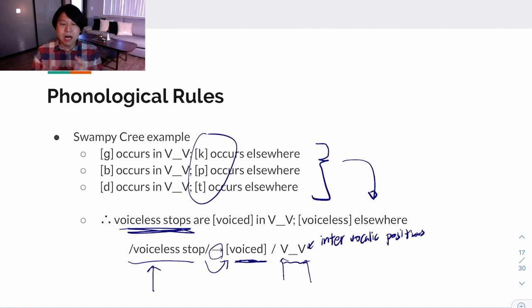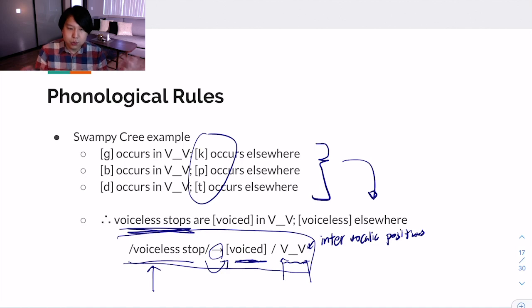So that's the power of a natural class. By using a natural class, you can describe many different rules that are similar together at once. So there are three phonemes in Swampy Cree that have 6 allophones, and they are determined by this rule called the Swampy Cree intervocalic voicing rule.